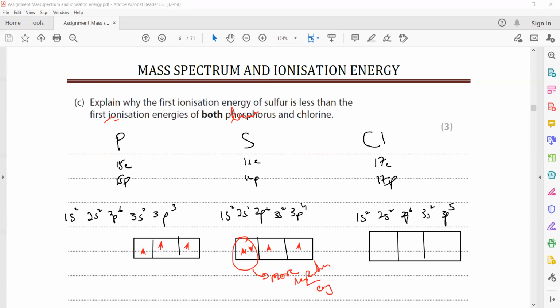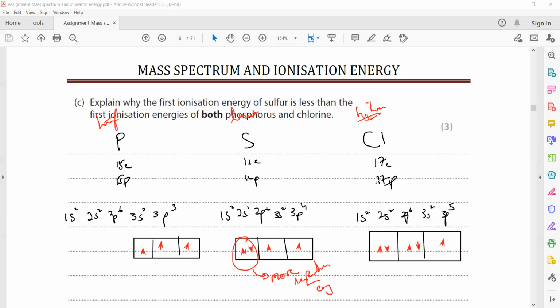How are the 5 electrons arranged? One, two, three, 4, and 5. So there are two pairs. They will have more repulsion compared to that of sulfur. But still, compared to sulfur, chlorine has the higher ionization energy.